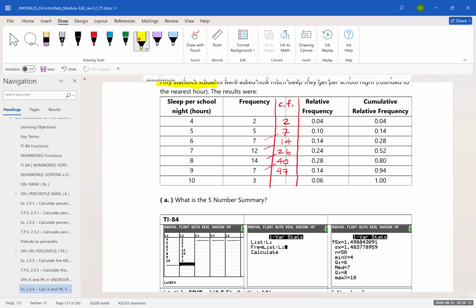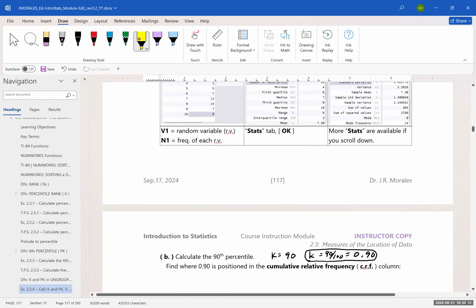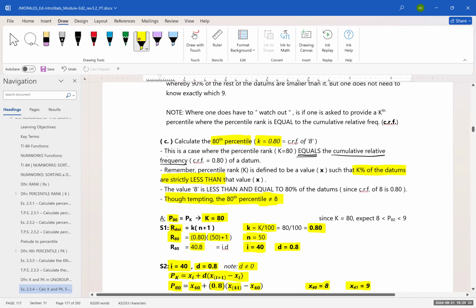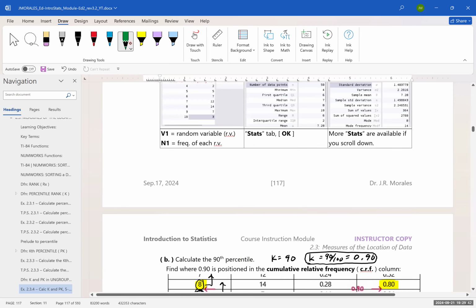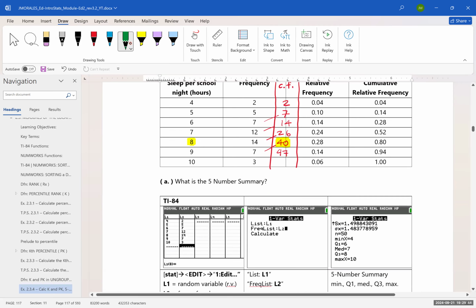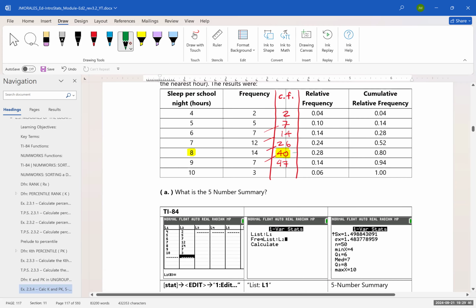Okay, so we wanted to know what the 40th datum was. Well, the 40th datum will be an 8. So that's how I got 8 here. Now what about the 41st datum? Well, if the 40th datum is 8, then the next one has to be a 9.